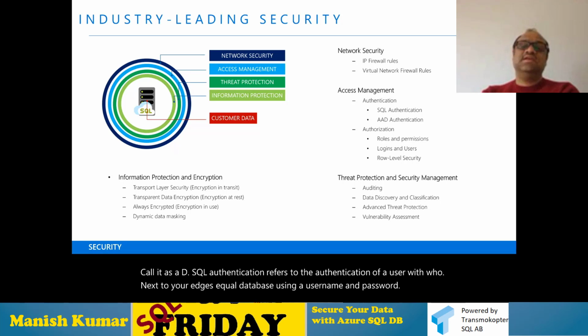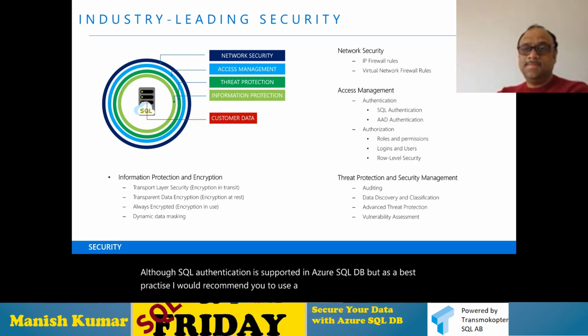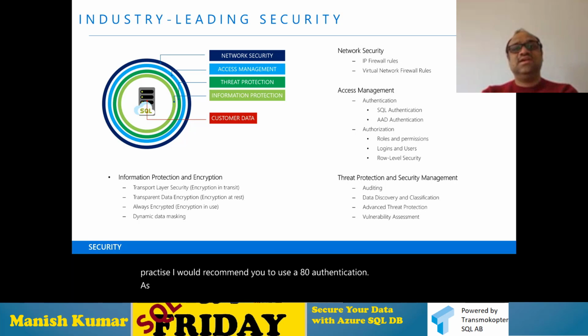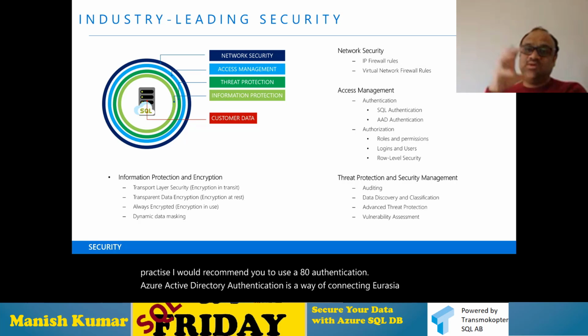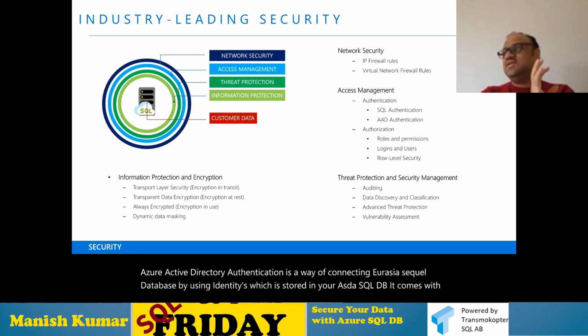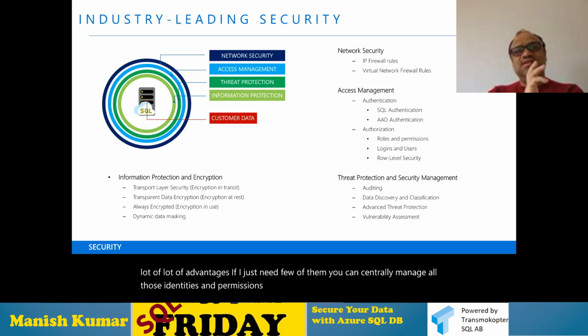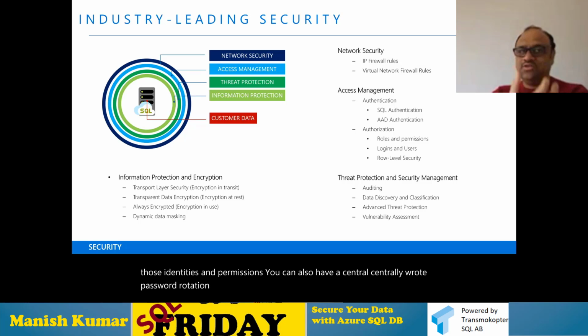Although SQL authentication is supported in Azure SQL DB, as a best practice, I would recommend you to use AAD authentication. Azure Active Directory authentication is a way of connecting to your Azure SQL database by using identities which are stored in your Azure Active Directory. It comes with a lot of advantages. If I just name a few of them, you can centrally manage all those identities and permissions. You can also have a centrally managed password rotation policy put on it and all those things.